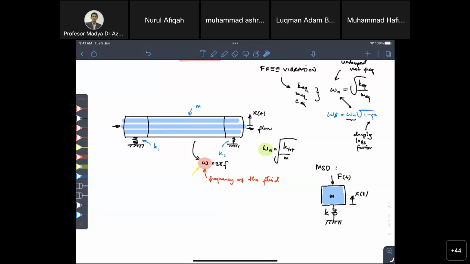If no damping, let's say ideally no damping, but ideally everything will have damping, then the pipe will go on to vibrate without stopping. So that's free vibration. There is nothing forcing the pipe to vibrate. The pipe is vibrating at its natural frequency. In free vibration, the pipe is vibrating at its natural frequency. So this one is free vibration.